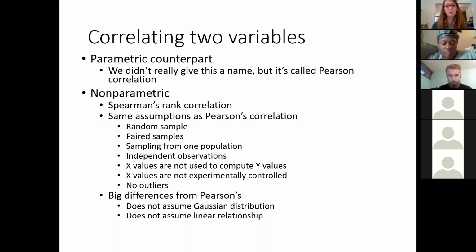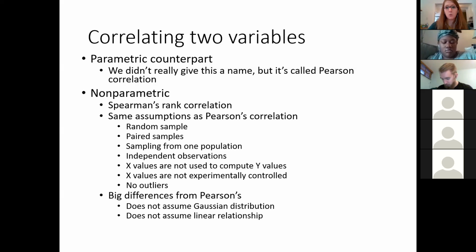Yes, so that's where it really matters that we set X as your experimentally controlled or your independent variable, and then it predicts what you're expecting to get from Y. Correlation doesn't matter which one's X and which one's Y. You can swap them easily. Regression says X is being used to predict Y, so it matters which one they go to. So we said in regression, we're going to fit a line through it. Correlation, we're just saying, are these two correlated? Good.